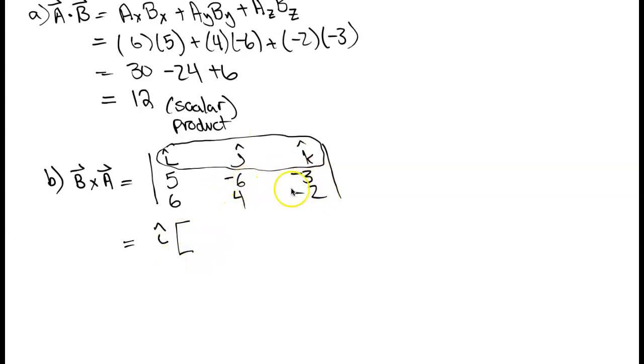And the determinant of that 2 by 2 matrix is negative 6 times negative 2 minus 4 times negative 3.